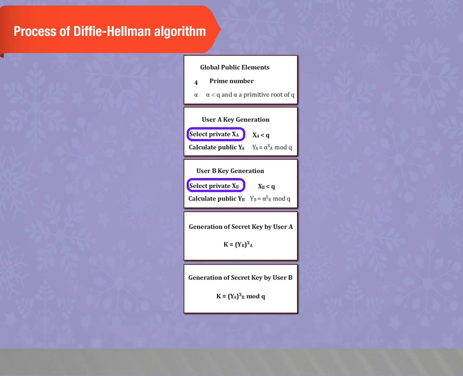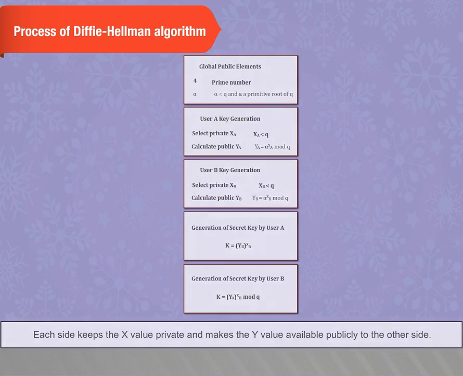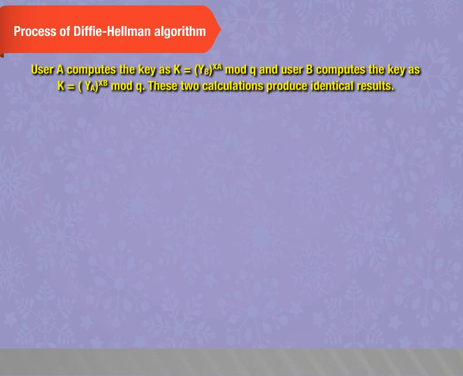Each side keeps the x value private and makes the y value available publicly to the other side. User A computes the key as K is equal to yb to the power xa mod q, and user B computes the key as K is equal to ya to the power xb mod q. These two calculations produce identical results.